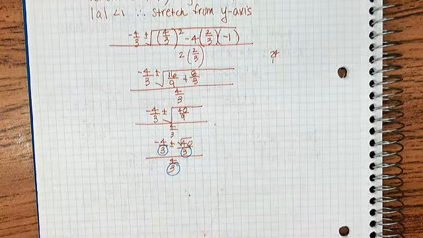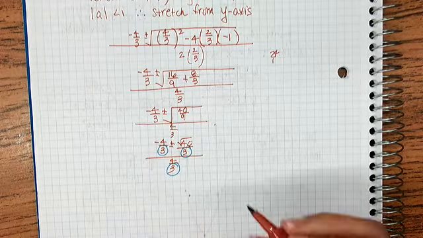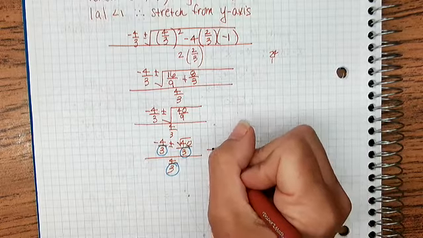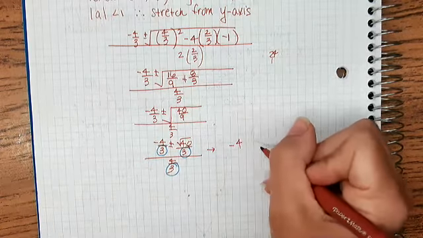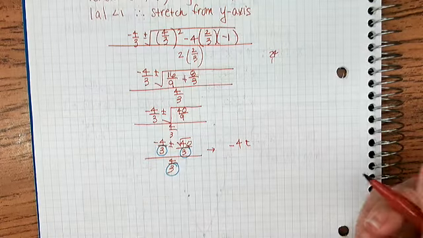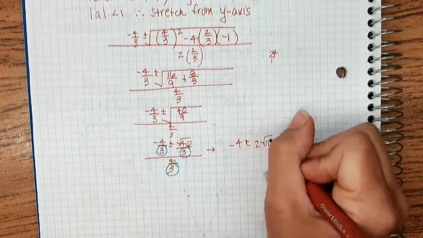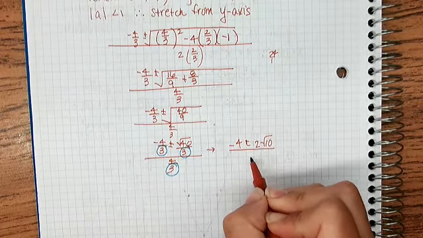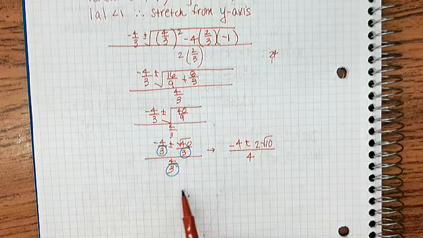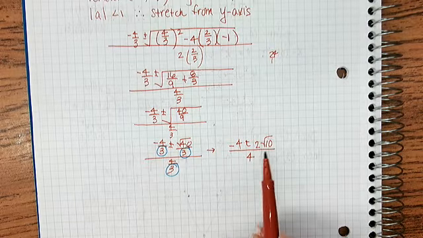Your complex fraction days. So this becomes -4 plus or minus 40 is 2 root 10 all over 4. The 3's reduce out because it's a complex fraction.